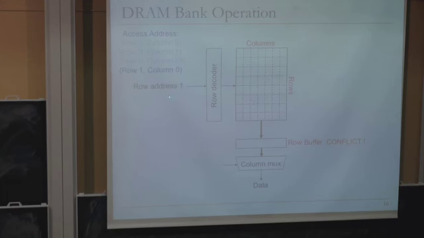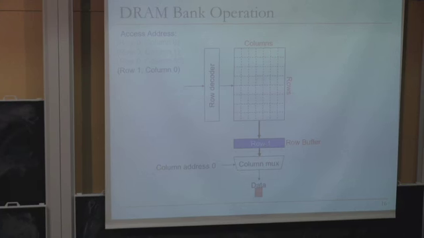And then the controller issues an activate command to row address 1. It also sends the row address that it's trying to access. And then, after some number of cycles, the DRAM responds by placing the row into the row buffer. And then the controller needs to send the column address and command. And the DRAM responds by taking out the data and sending it back.